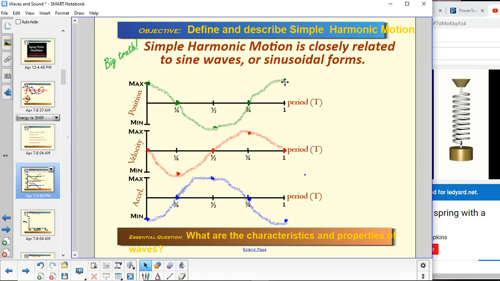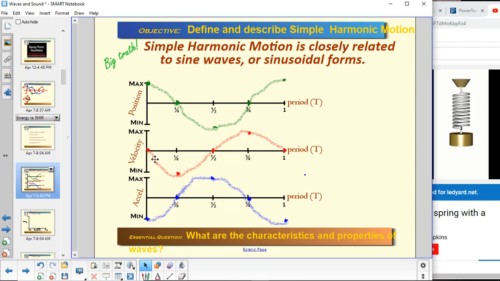And then we complete the cycle where the slope of the position graph is level, the slope is 0, and the velocity is 0 at this point. So interestingly enough, the velocity graph is also a graph of the slope of the position graph at each point during the cycle.